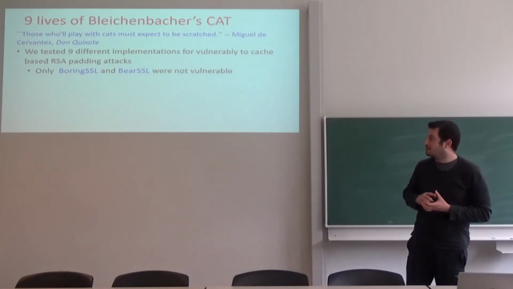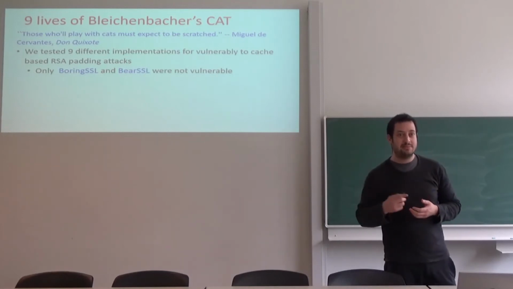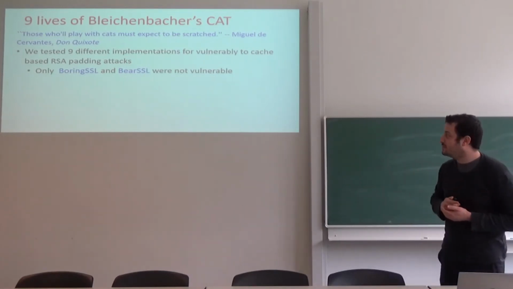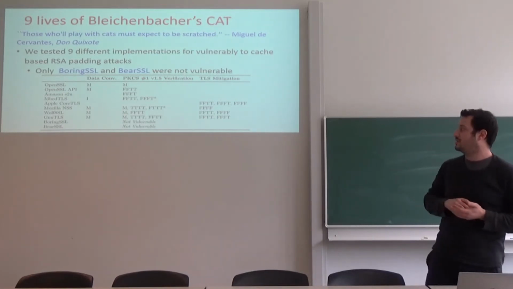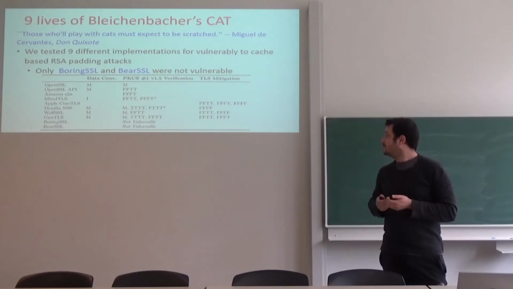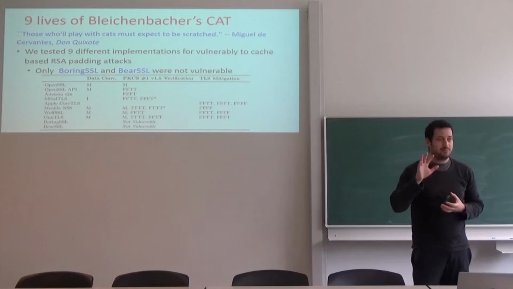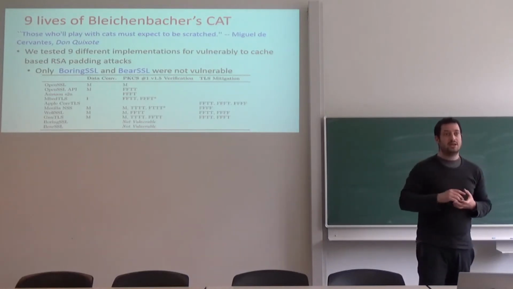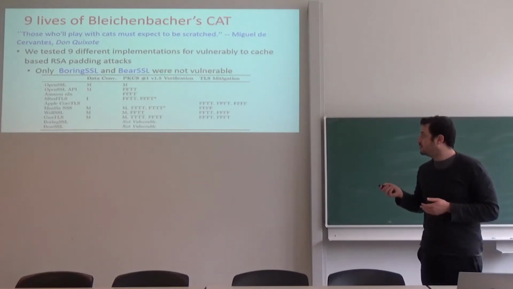It's probably a good idea to start your TLS implementation name with a B. It makes it much safer. And we have this nice table that shows all of the other implementations and the different vulnerabilities. In the paper we show that there are 3 different parts in the code that might be vulnerable, and there are different types of oracles that can arise from them, and these are the different vulnerabilities for the different implementations.